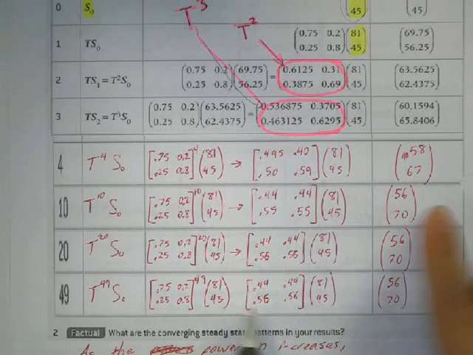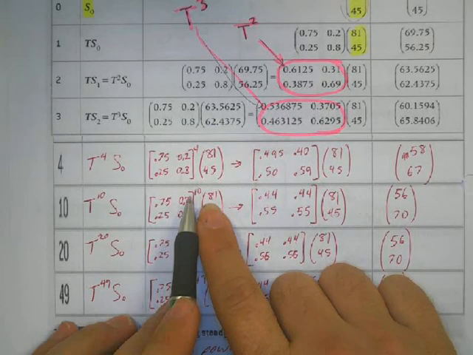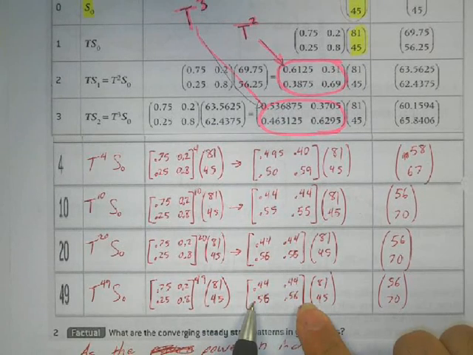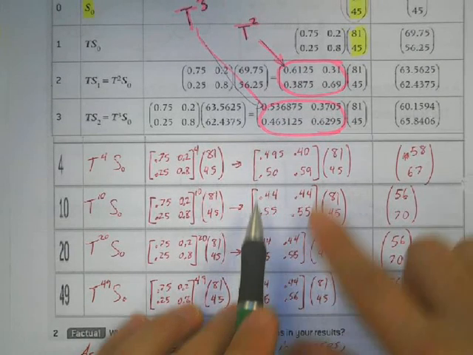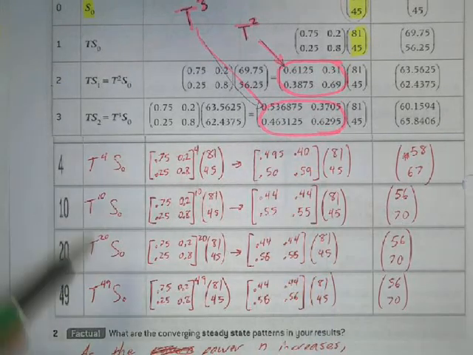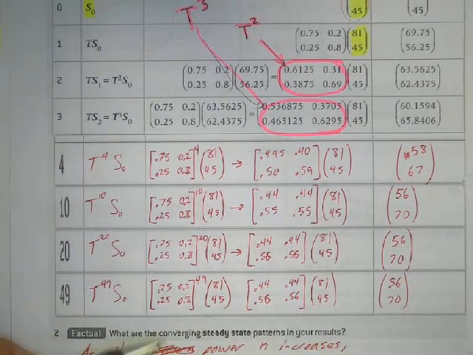As I raise it to the 10th power, my transition matrix starts to become the same matrix. Prior to that it's changing, until we get to higher and higher powers, and then it starts to stay constant.